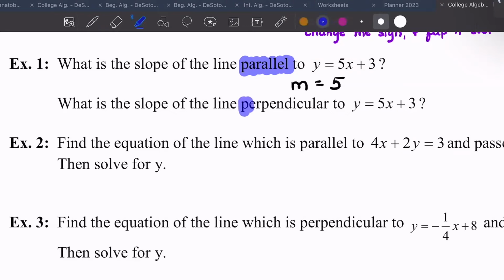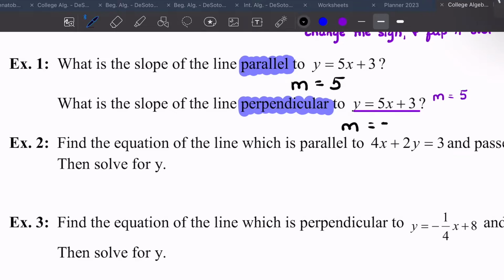What is the slope of the line that's perpendicular to that same line? Okay, perpendicular means change the sign and flip it over, okay? So our slope for this line is 5, right? I need to do the opposite, which is negative.